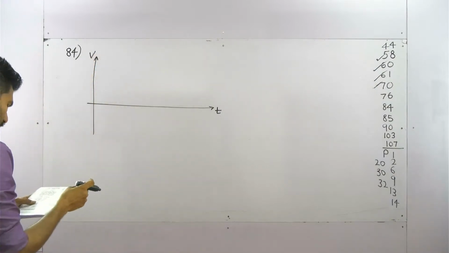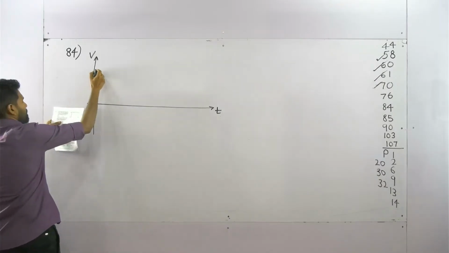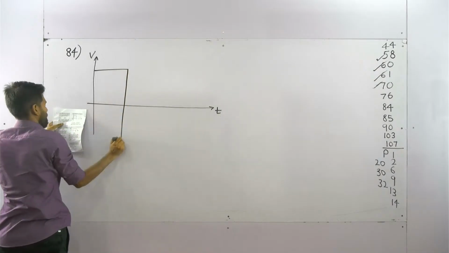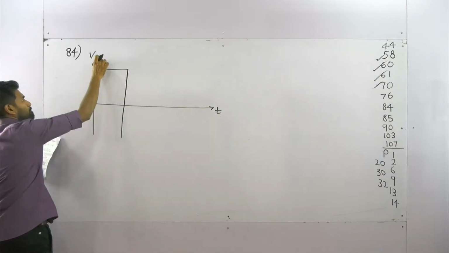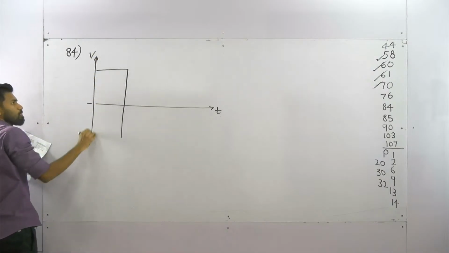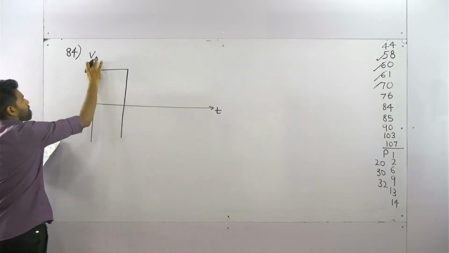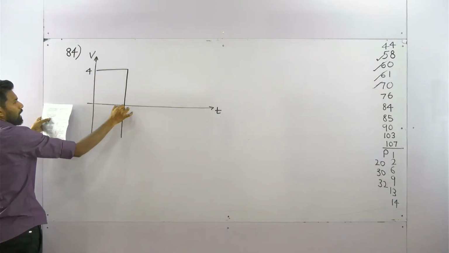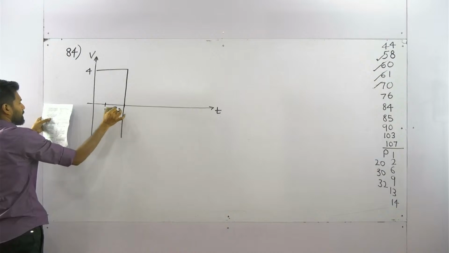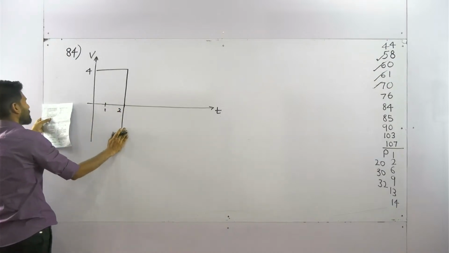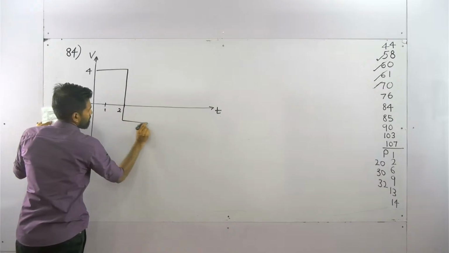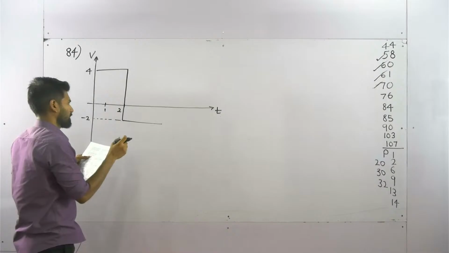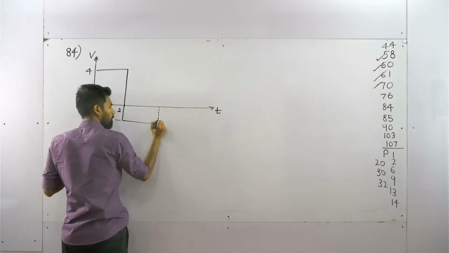In this velocity time graph, the velocity is plus 4 until the time is 2 seconds. Then suddenly the velocity changes to a value of minus 2. It lasts for another 2 seconds until the complete time is 4.